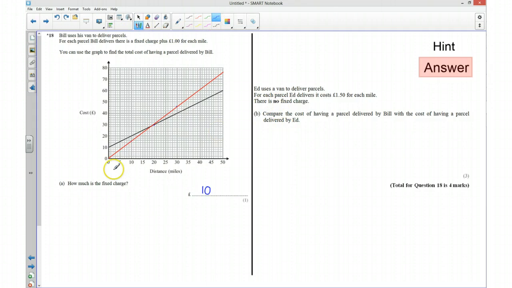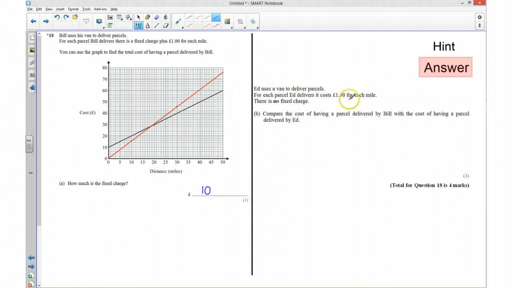What we now need to do is make sure that we're explaining what's happened. So looking at the graph, it looks like it's cheaper to use Ed to deliver your parcels when you're travelling 5 miles or 10 miles, because we can see that the cost is going to be less even at 15 miles. But once we get to 20 miles, it seems to cross over, because all of a sudden Ed seems to be more expensive.